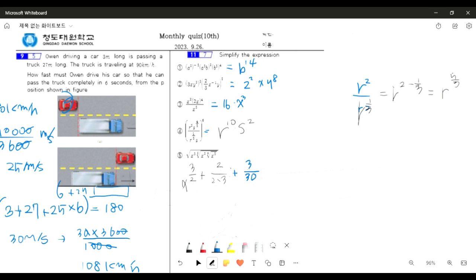Okay. So the answer is x to the 58 to the 30. So x to the 29 divided by 15. Okay, one more. Wow, almost done.